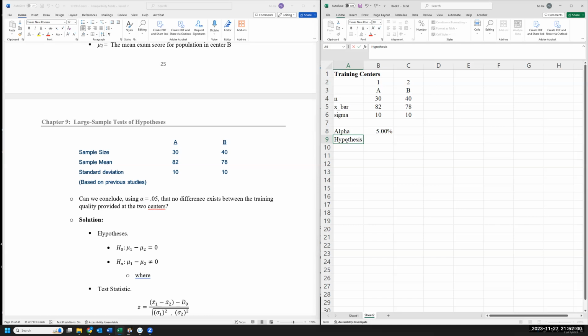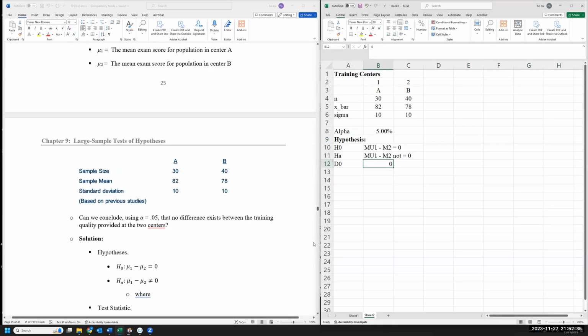So you have the H naught and HA. The null hypothesis is mu1 minus mu2 is equal to 0. And just like before, the alternative is mu1 minus mu2 is not equal to 0. And so then D naught is equal to 0. Okay, so that's our hypothesis.